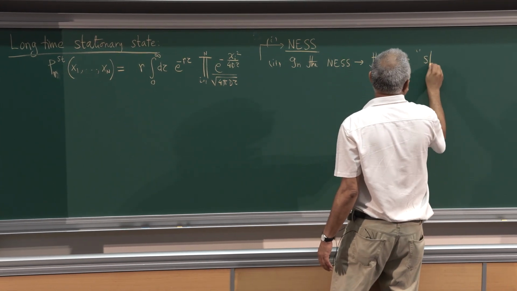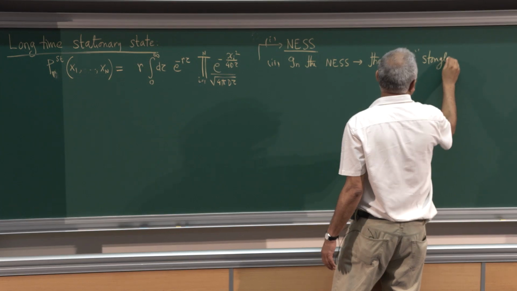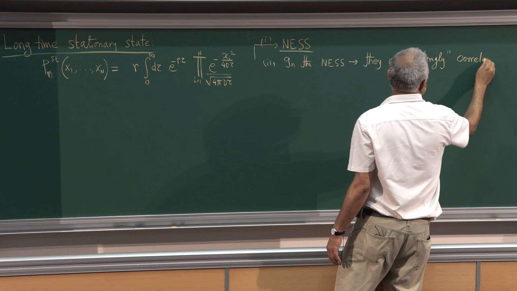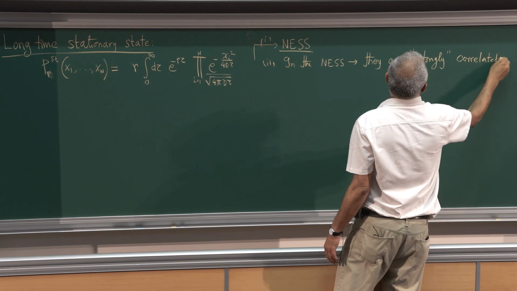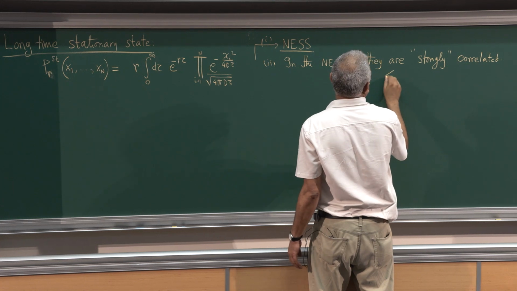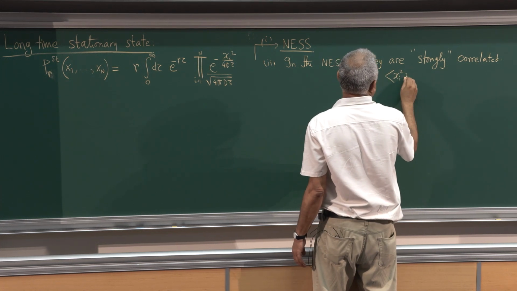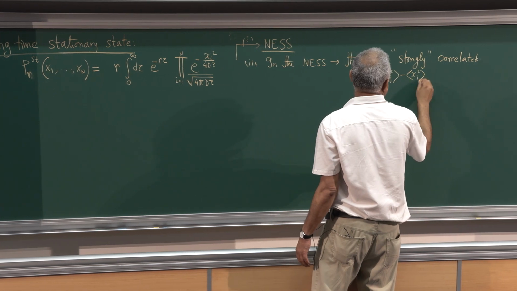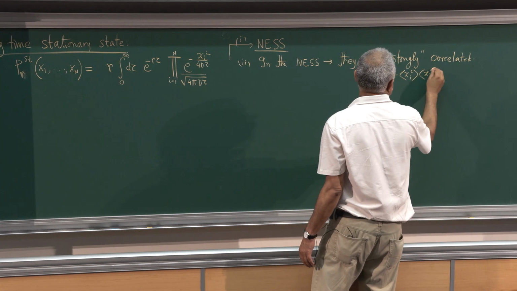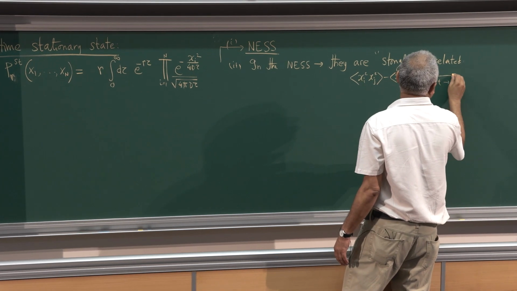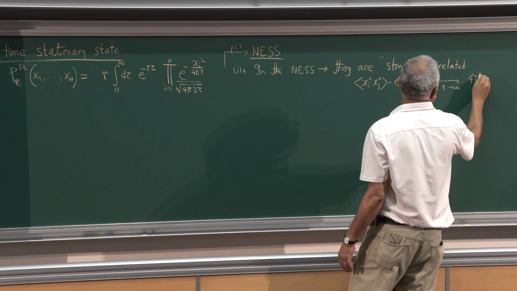Strongly in the sense of long range, that means everybody is correlated with everybody. And you see this correlation function goes in the long time limit to this constant, 4d square over r square.